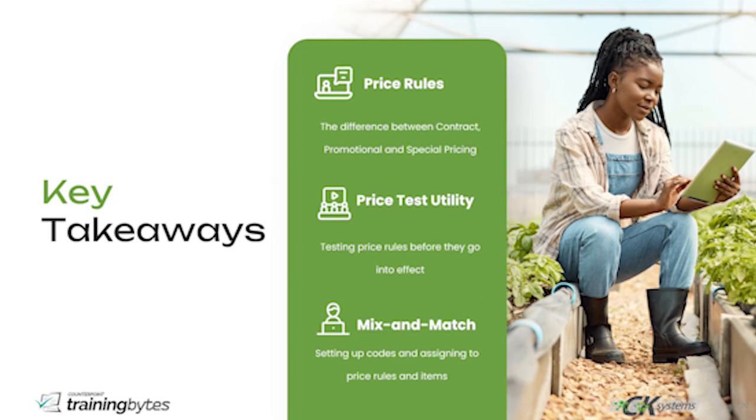There's 12 selected you can pick, and I'll sell you the entire 12 bottles for $59.99. And remember, important, the mix and match code needs to be on the price rule and the items. I've had people set up a mix and match code and just attach them to the items and not understand why they aren't working. So it's important that it's on the price rule and the items.